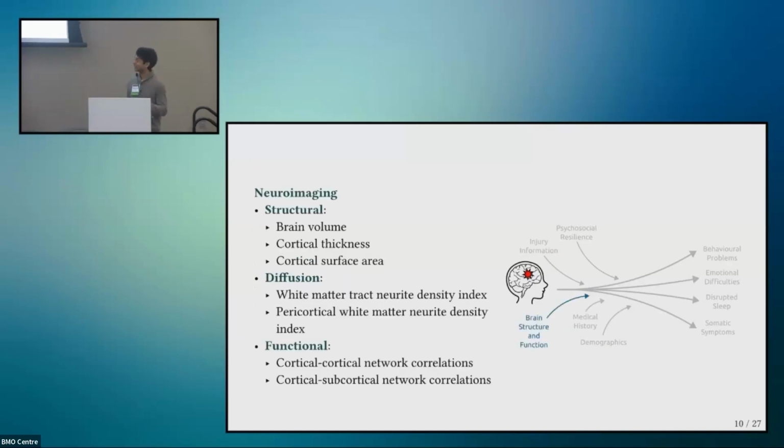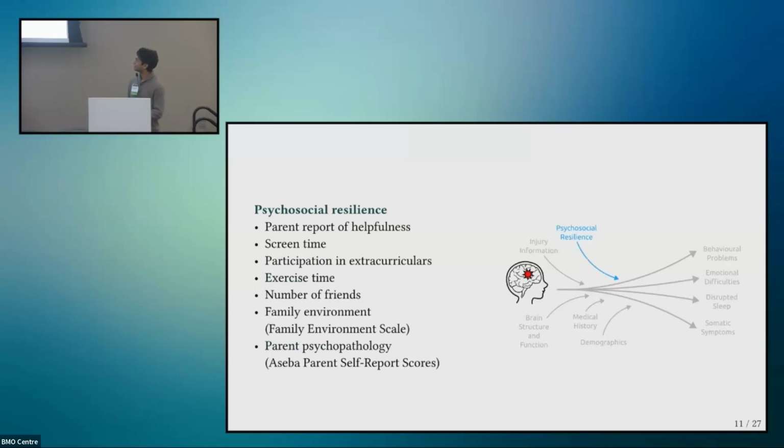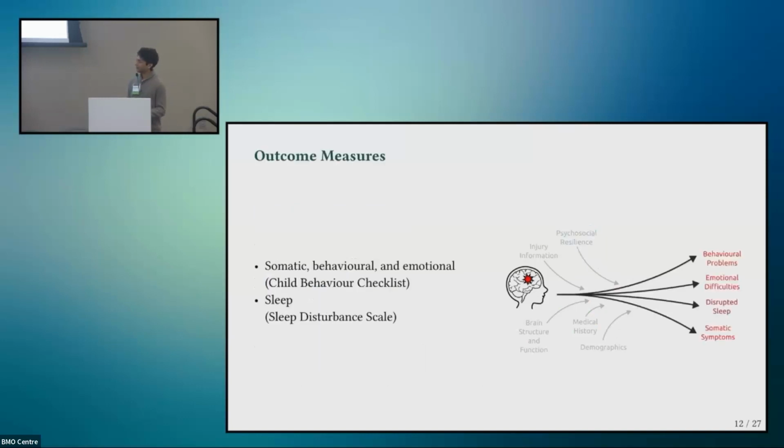As well as a variety of neuroimaging factors, so structural, diffusion, and functional summary brain imaging metrics. And finally, some psychosocial resilience variables, which cover quite a wide range, including things like screen time, exercise time, other healthy habits, child reports of their family environment, and parent psychopathology scores. And all of these will be the inputs for our clustering.